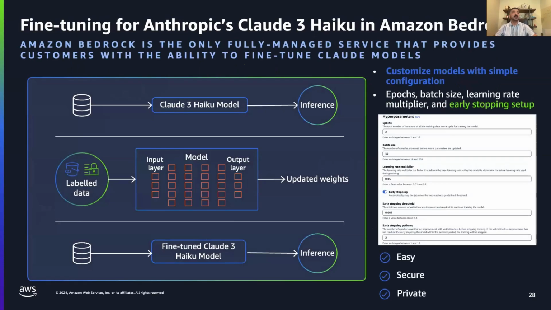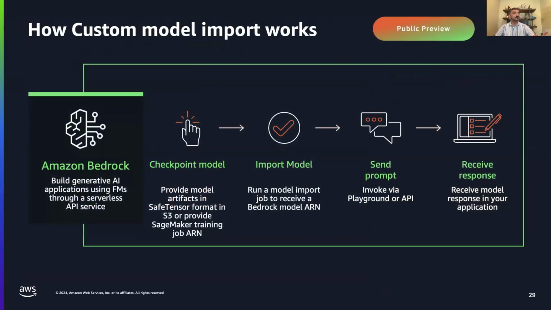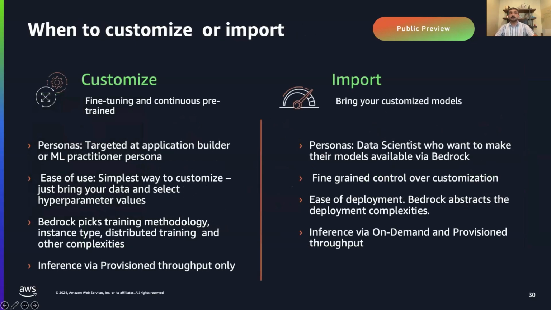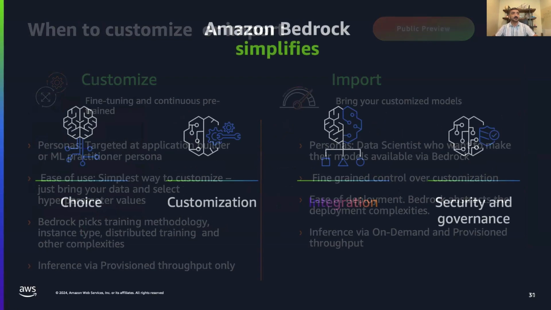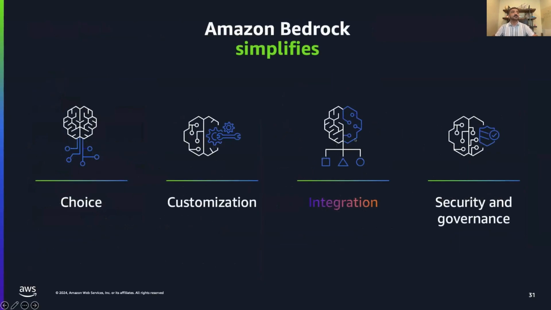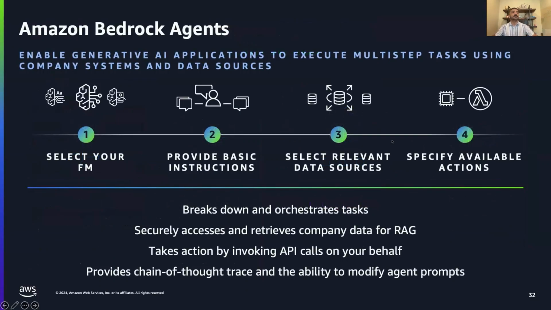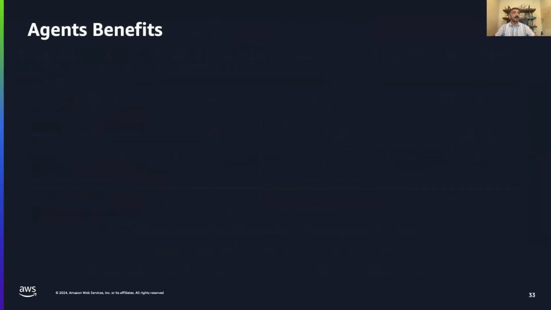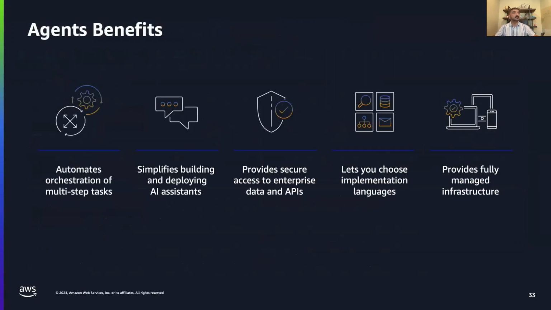I will do that. I'll quickly go through this. Maybe Ron can share this slide with you so you can go back and take a look at it. It lets you fine-tune, customize, or import your own models, if you want to use that rather than a base model. It will also let you integrate with different services, so you can create your own workflow end to end with any AWS services.